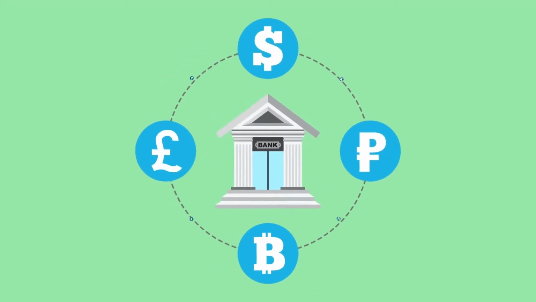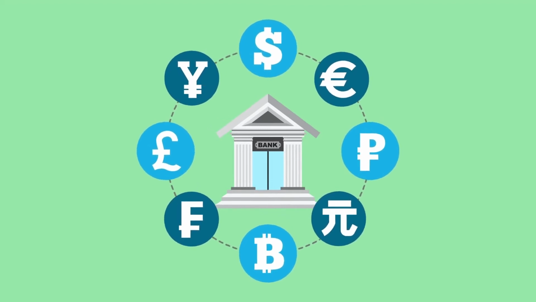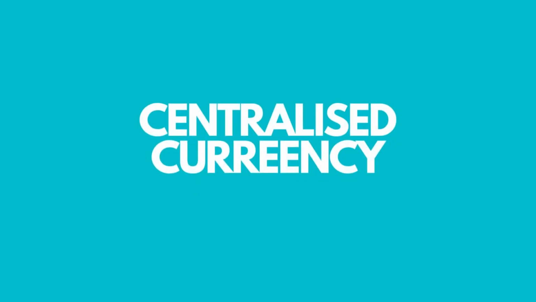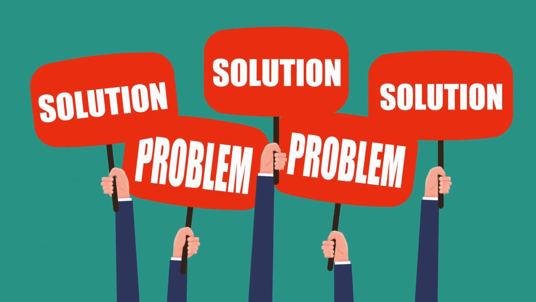Hopefully, you can see why it's not ideal to have a currency that's backed by a central bank. Any currency that can be controlled by a central entity is called centralized currency. So, what's the solution?